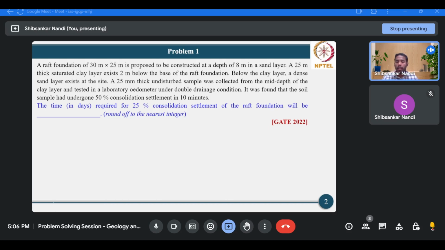It's very clear from the problem statement that two conditions are talked about. The first one is the lab condition, or rather the laboratory condition. And secondly, the field condition.